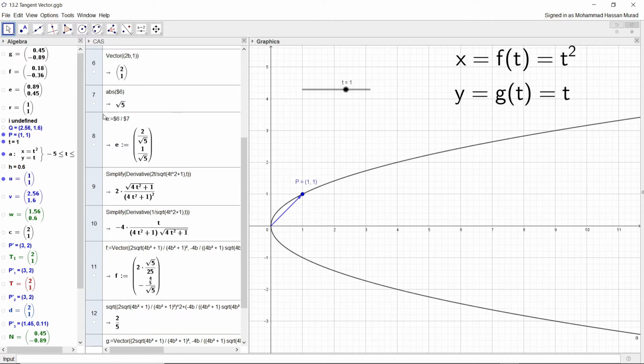Now we consider a nearby point Q on the curve. If we connect the points P and Q with the origin, we obtain the position vectors of P and Q as shown.